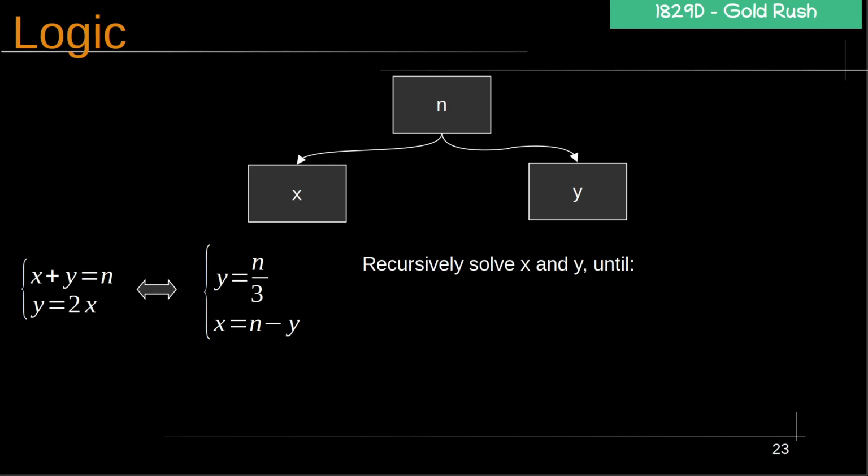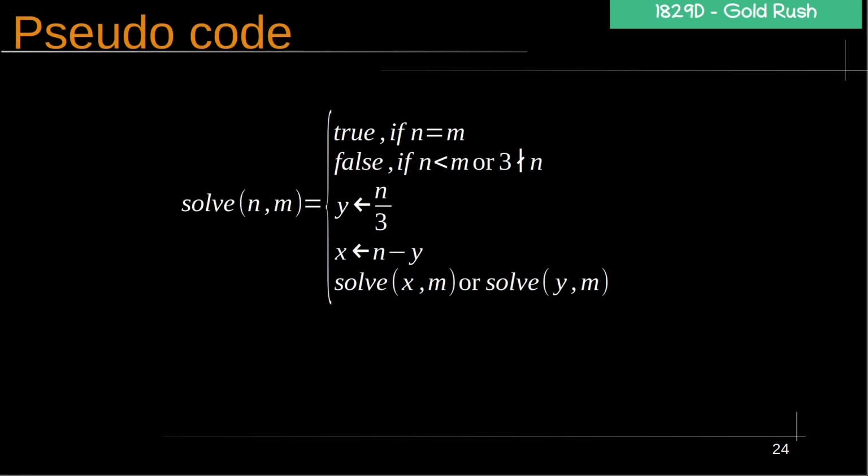And recursively, we have to solve x and y until the base case, where n is equal to m, or n is less than m, or 3 does not divide n. This is our pseudocode for the function. We give to the function as parameters n and m.